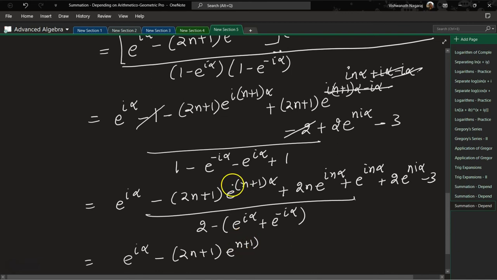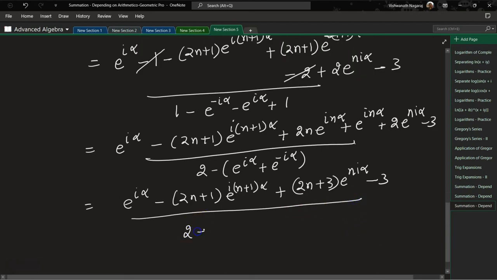Here I think I missed i. So i n alpha plus, these two will become 3. So (2n plus 3) e to the power of i n alpha minus 3 divided by 2 minus 2 cos alpha.